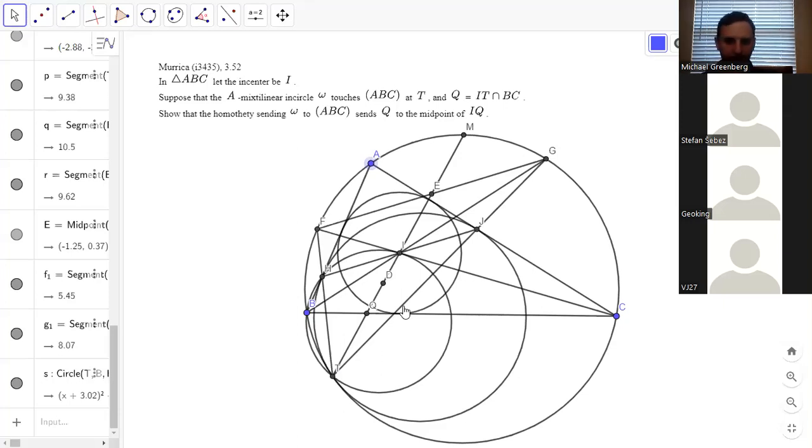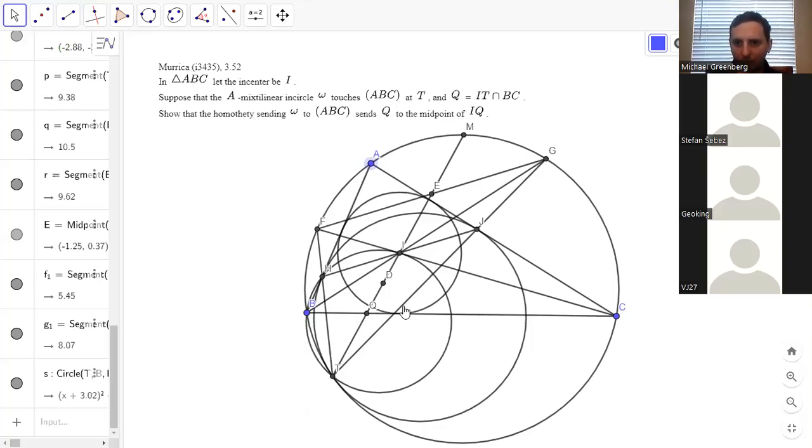All right. And by ratio lemma in triangle TBI, TQ over QI.